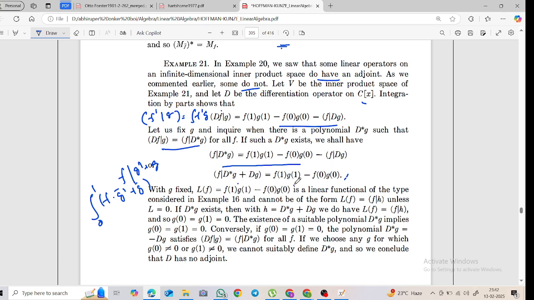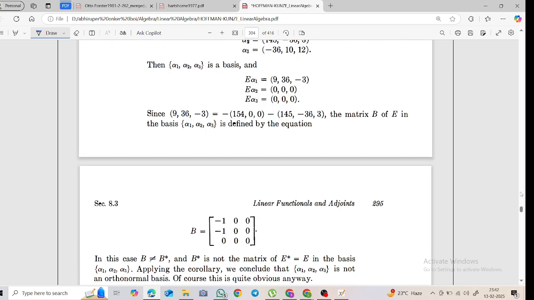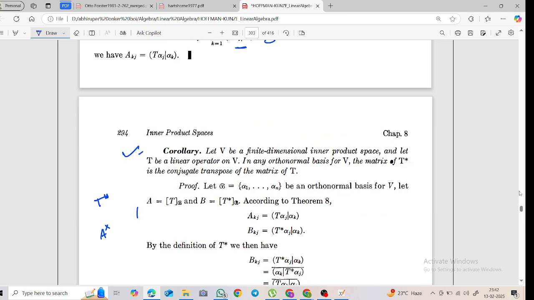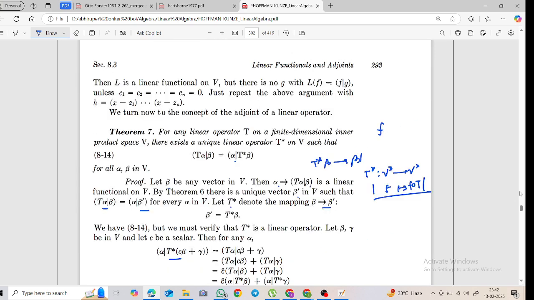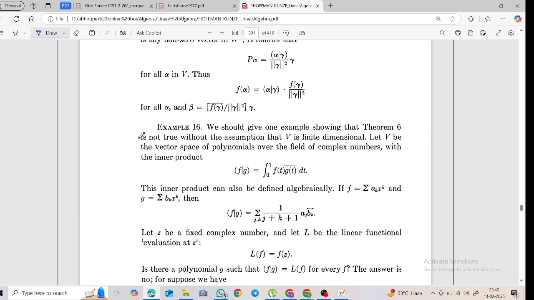So you understand, what they are saying is a linear functional of the type considered in example 16. What was example 16 by the way? This.